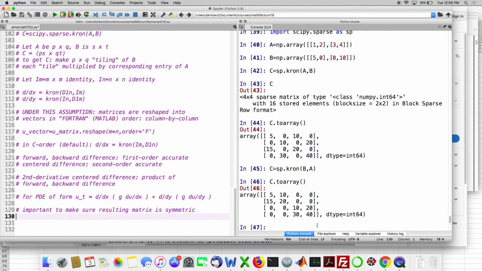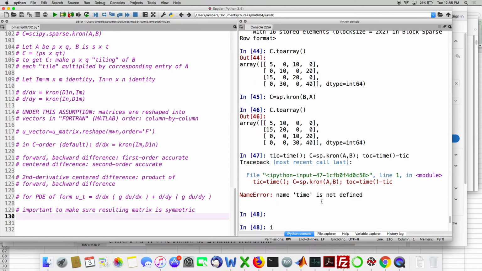So something like, I'll do the operation I just did. Oh, I have to import something.